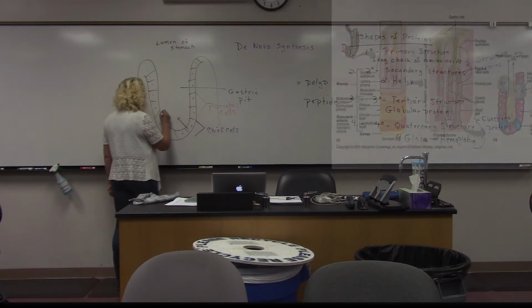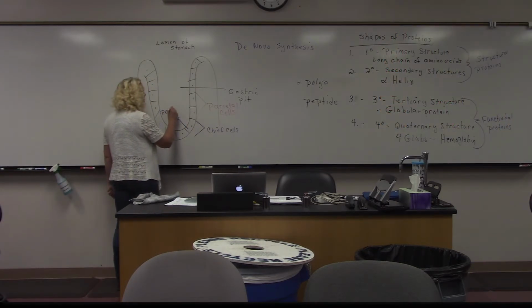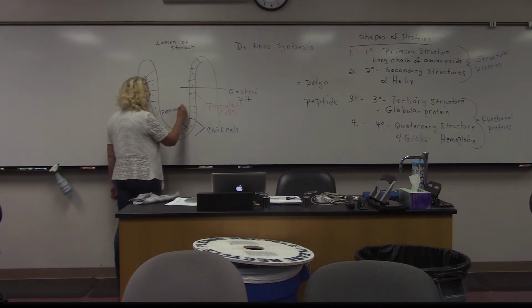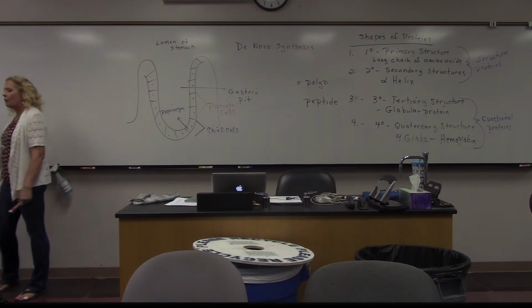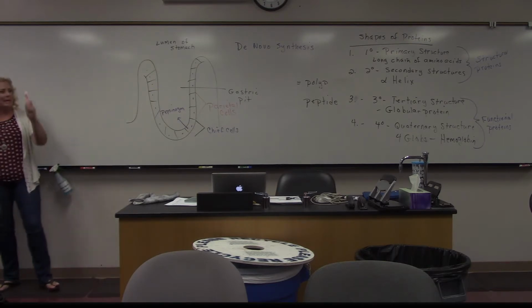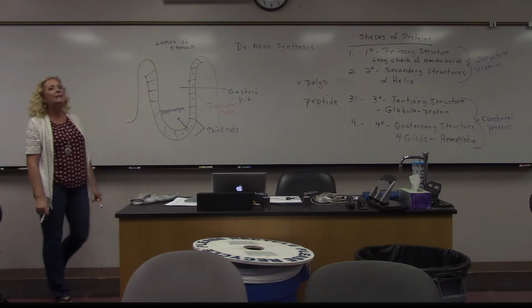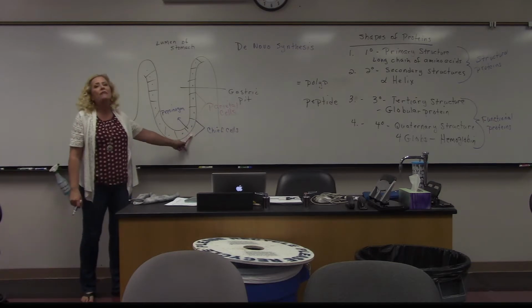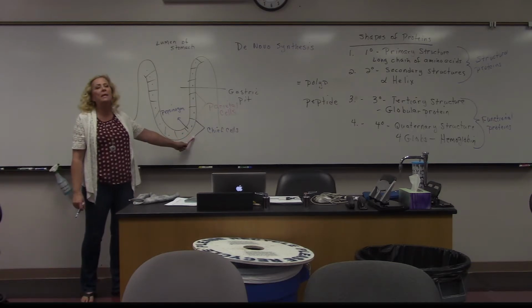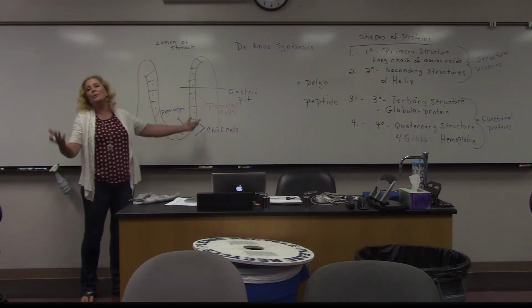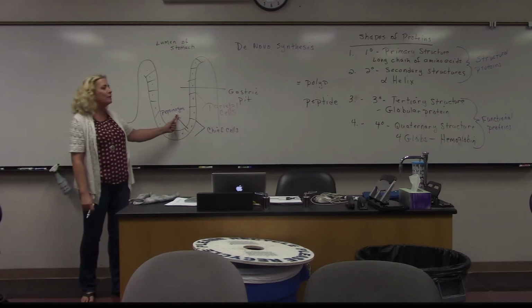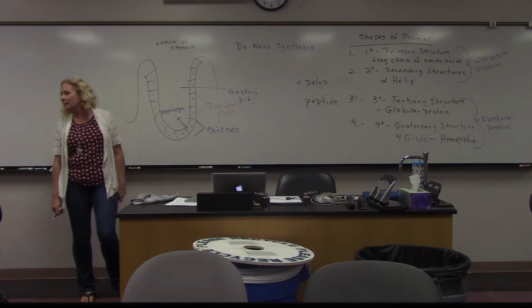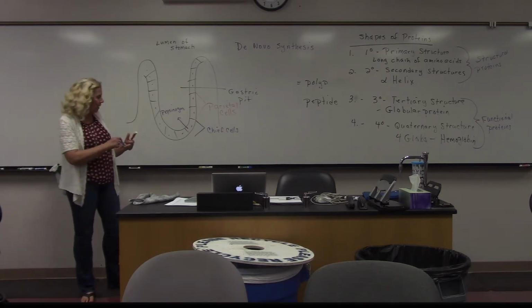So these guys are secreting something called pepsinogen. What does the OGEN stand for? It's inactive. It tells us that it's not active yet. Because if we had an active enzyme inside the cell, it would dissolve all the proteins in the cell and destroy the cell. So we want it to be inactive until it's secreted into the gastric pit.